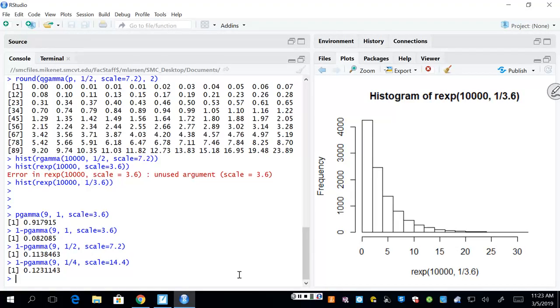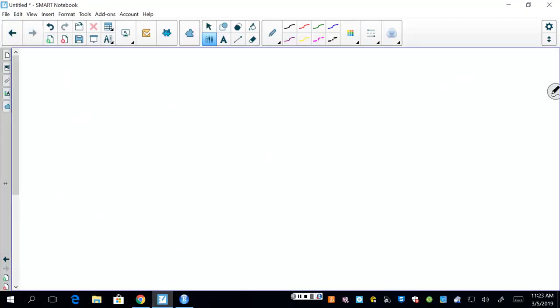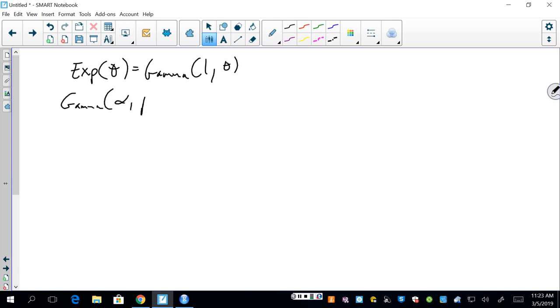So those are our distributions and things for today, really, right? So we've had this exponential random variable, which we generally call beta, as a special case of a gamma random variable. We've had a general case of a gamma random variable. The expectation here was, make a little chart, expectation.